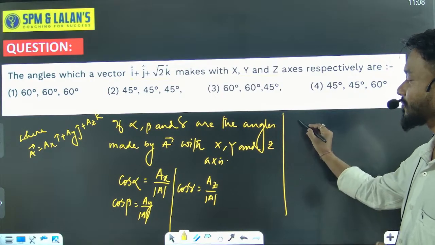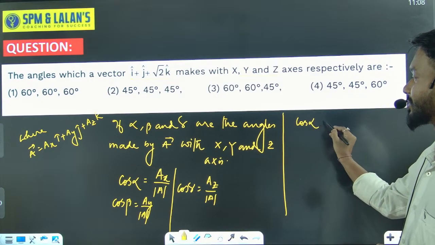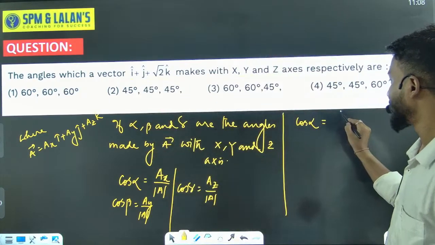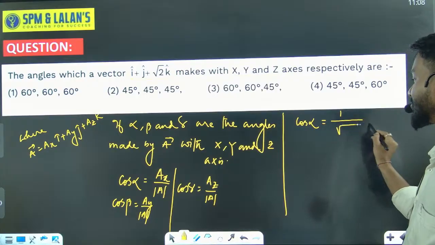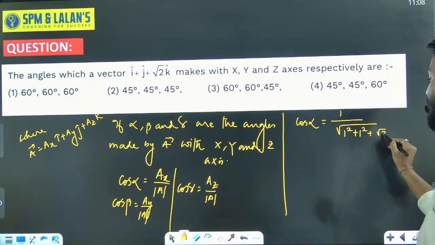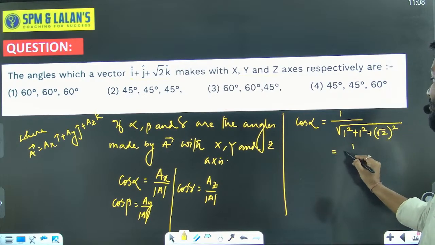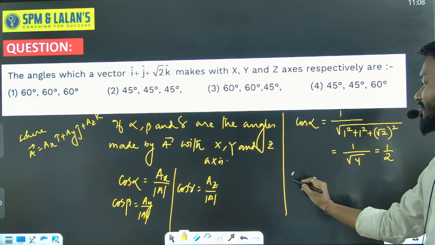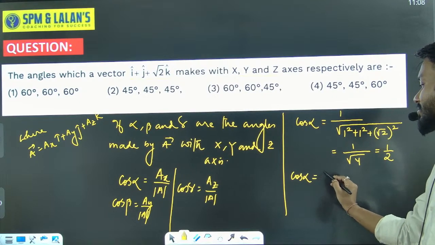So first of all, I'll find cos alpha. Cos alpha is ax, which is 1, divided by the magnitude of A. The magnitude of A will be root over 1 square plus root 2 whole square, that gives 1 plus root 4, root 4 means 2.